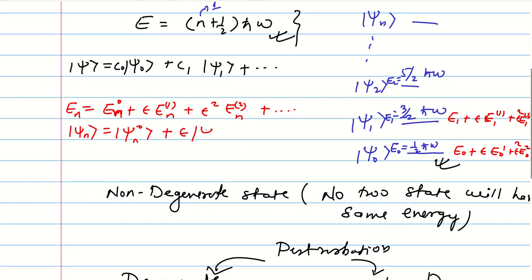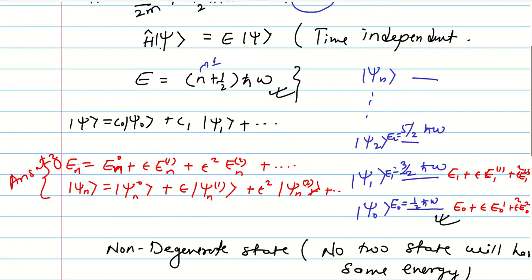Now there is an extra term, first order correction to this ket, second order correction, and so on. Okay, so this is the ansatz. Ansatz means we are proposing that energy and eigenket will vary this way. We are proposing.